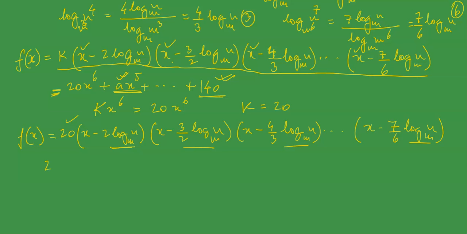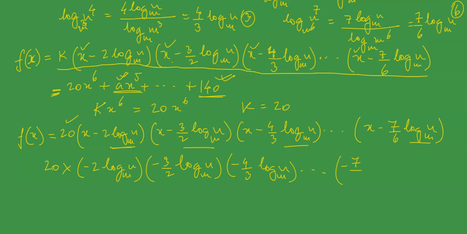So the constant term will be 20 times minus log n to the base m, minus 3/2 log n to the base m, minus 4 over 3 log n to the base m, 2 more, and then the last one is minus 7 over 6 log n to the base m, and this is equal to 140.